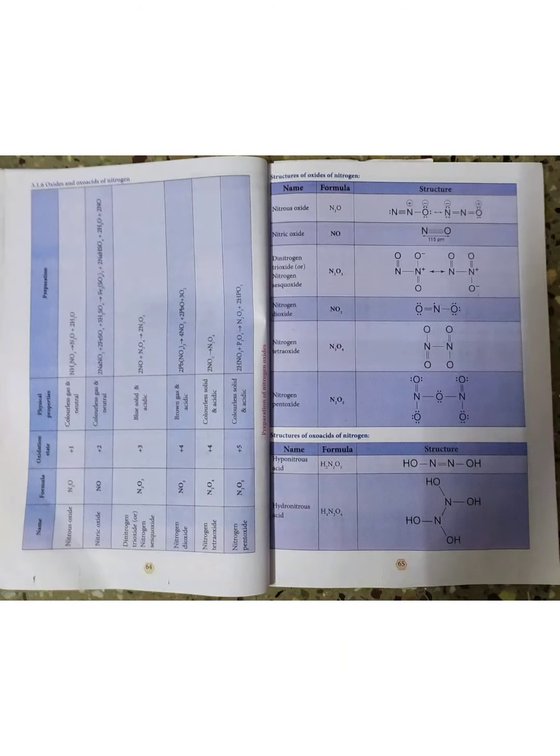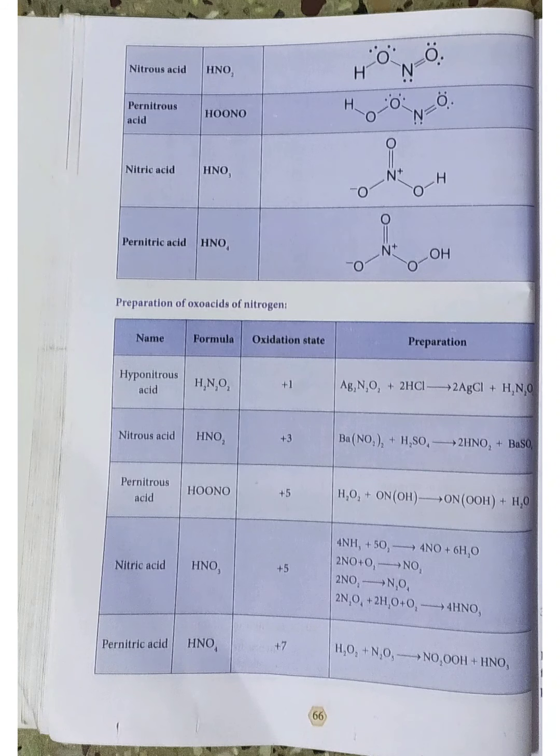Understood? Pernitric acid. This is all example for oxyacids of nitrogen. Their method of preparation, properties, formula, oxidation state, everything they have given in the book. Okay, understood? Next, in this same family, the next element present is phosphorus.